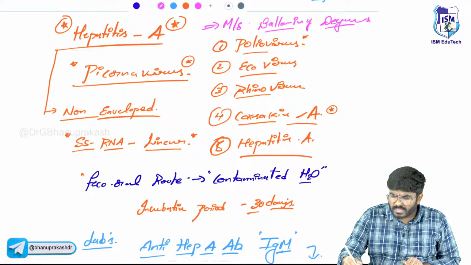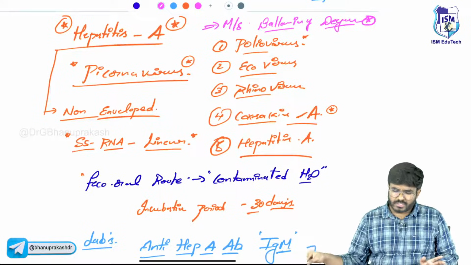This ballooning degeneration is not only seen in hepatitis A but also in other conditions, though it is usually seen in hepatitis A.